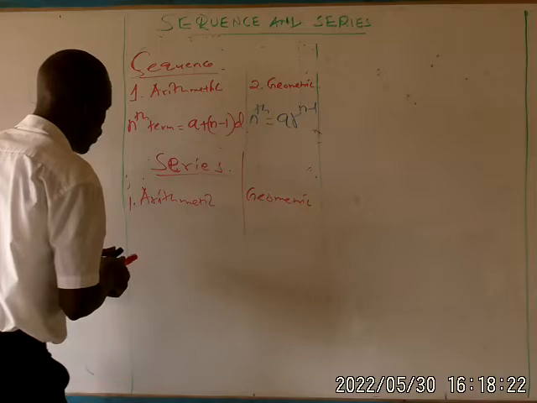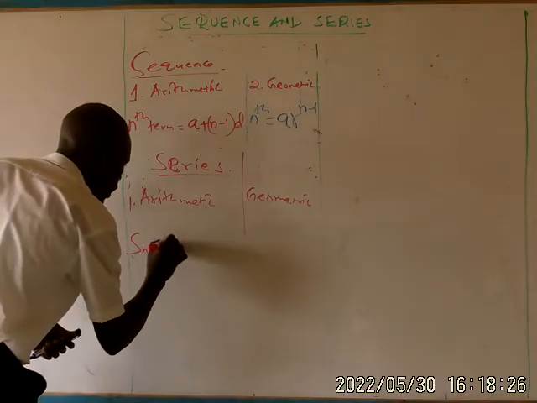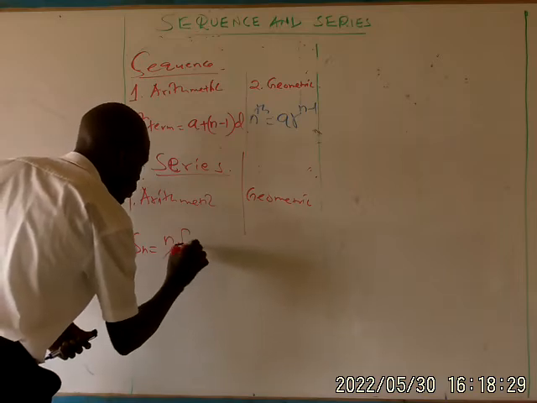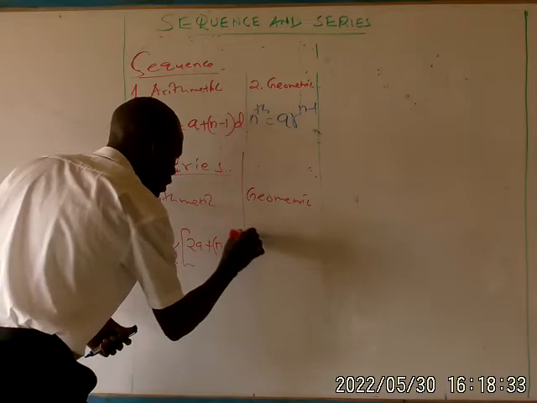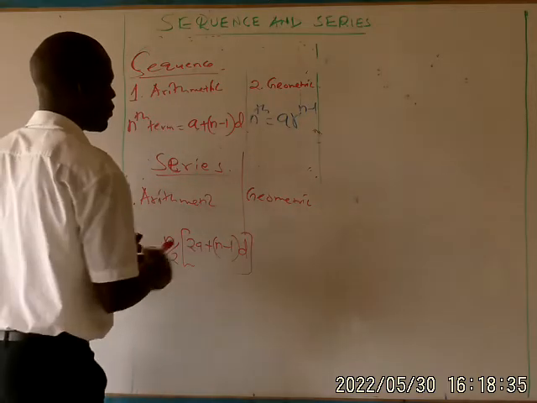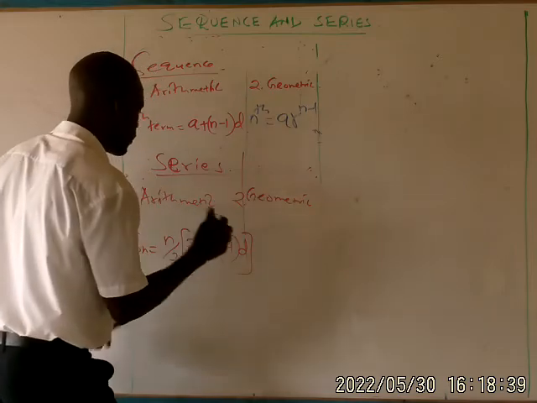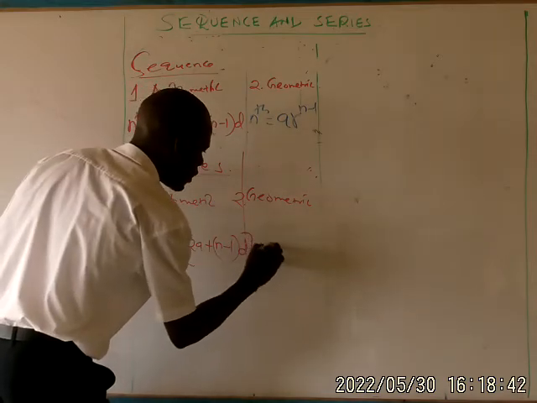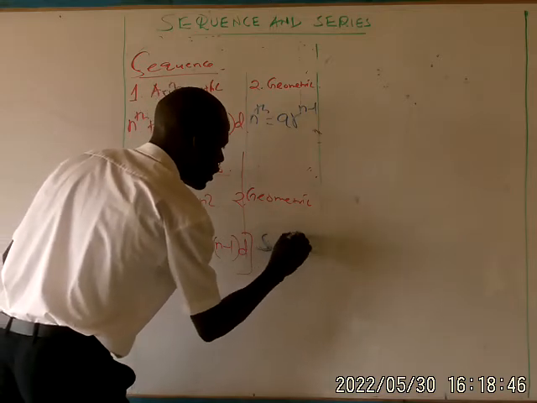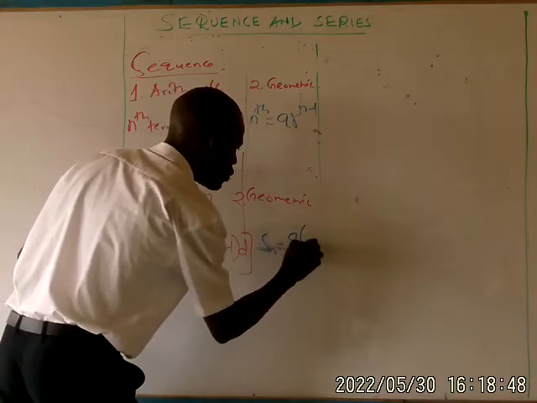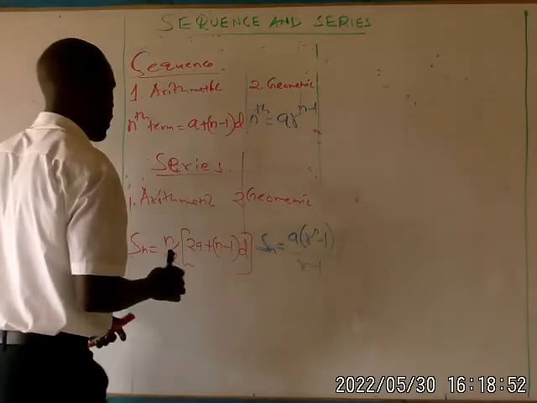Under arithmetic, the formula is Sn equals n over 2 into (2a plus (n minus 1)d), close the bracket. But for geometric, which is our number 2, Sn equals a(r^n minus 1) over r minus 1.